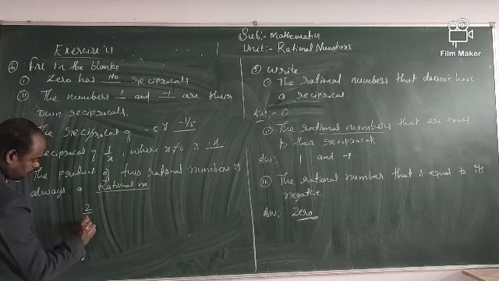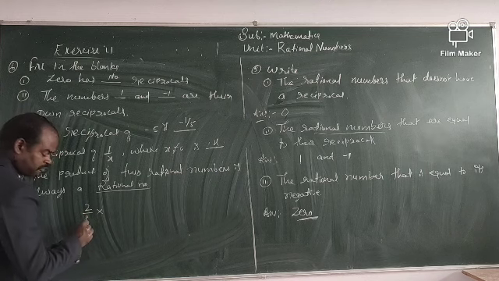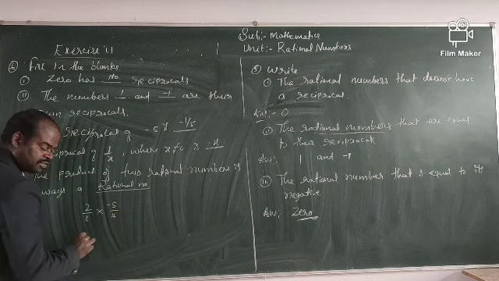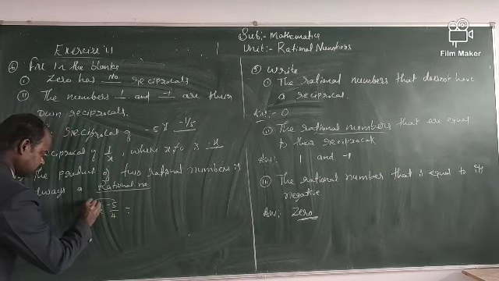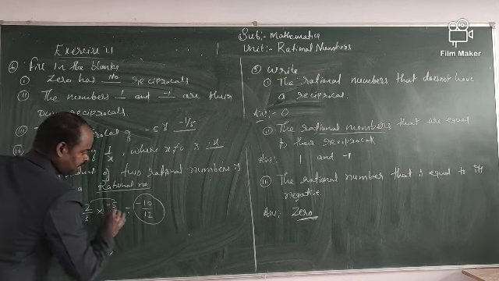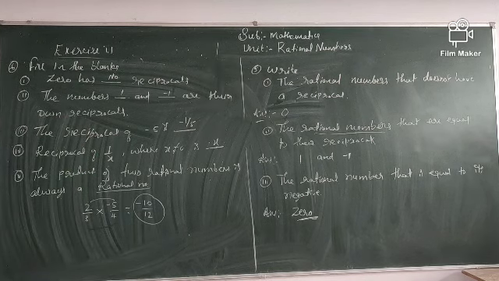Suppose 2 by 3 is a rational number, and minus 5 by 4 is also a rational number. Their product is 2 fives are minus 10, 4 threes are 12, so minus 10 by 12 is a rational number.